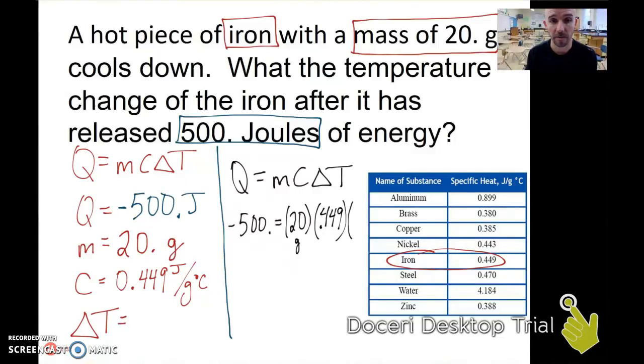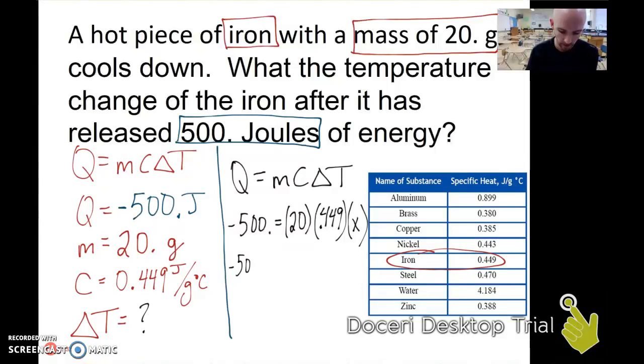And then I'm trying to find the change in temperature. So delta T is my X. If I just want to call it X, that's what I'm looking for, my change in temperature. Then I've got to solve this for X. Just to save a little space here, I'll wait and just plug in my unit at the end.